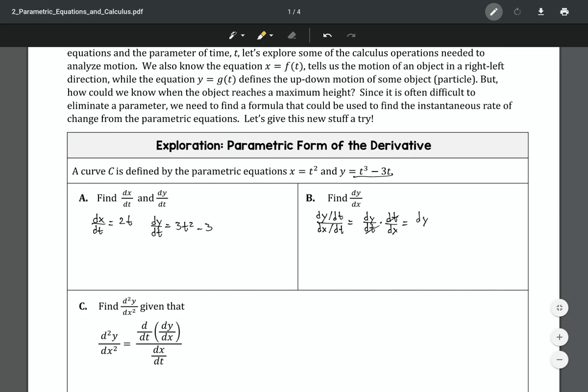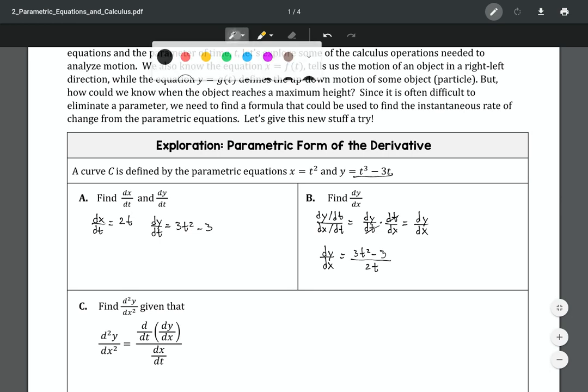So for this specific function, dy over dx would be the same thing as 3t squared minus 3 all over 2t.